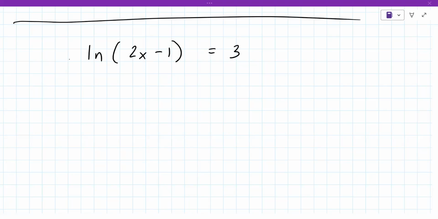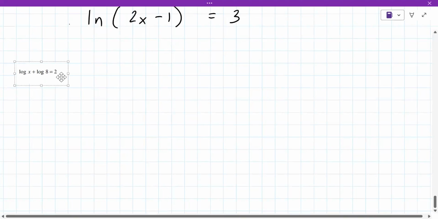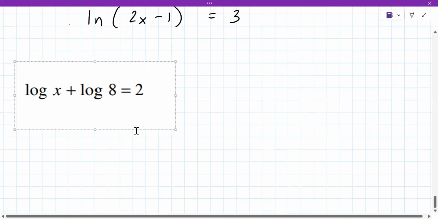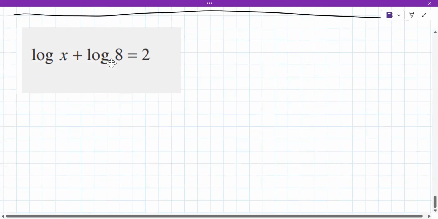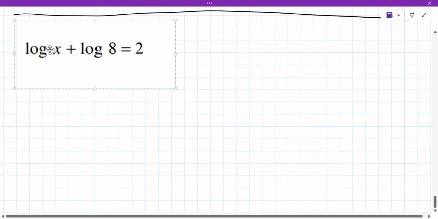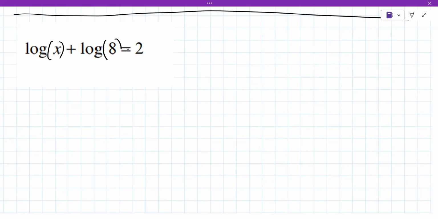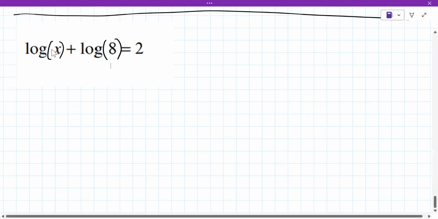Okay, next type of problem builds on what we've been doing. We're going to use some of those logarithm laws next. So this is log of x plus log of 8 equals 2. And that means we have to first combine the logarithms.